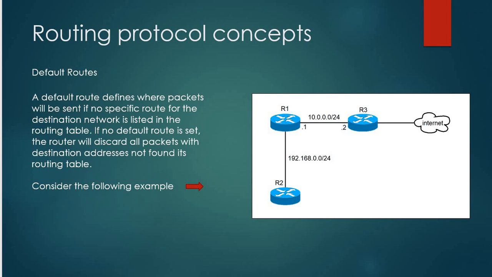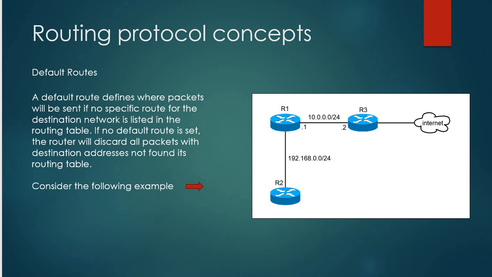So what is the default route? A default route is what the router uses when there is no specific route for the destination, that is, whether the destination network is listed in the routing table or not.